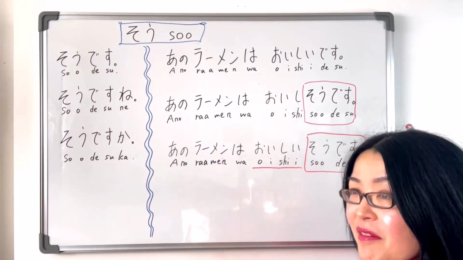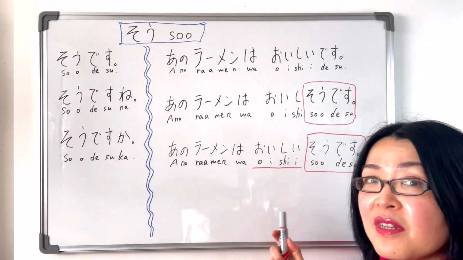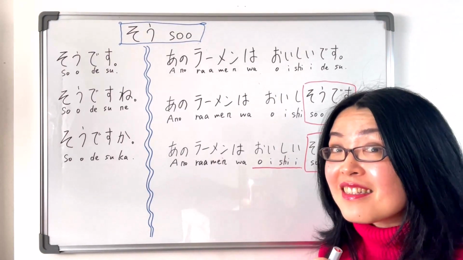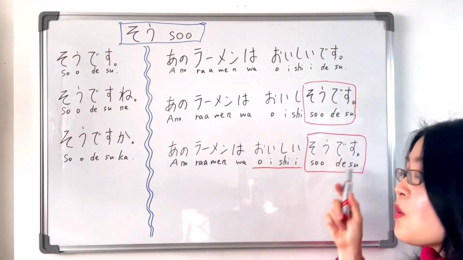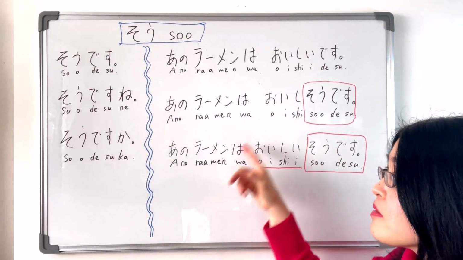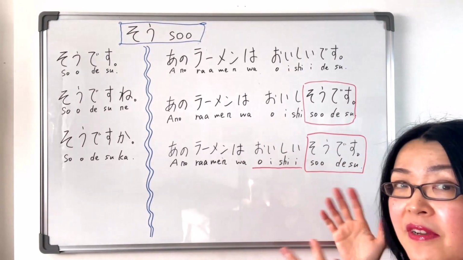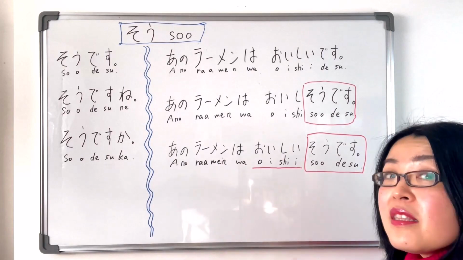very, very, very different. Okay, so this one means apparently that ramen is delicious. This そうです means I've heard a good reputation about that ramen. Apparently I've heard that ramen is delicious.